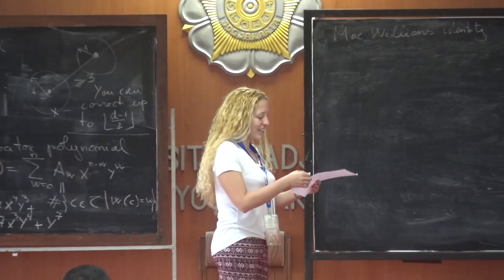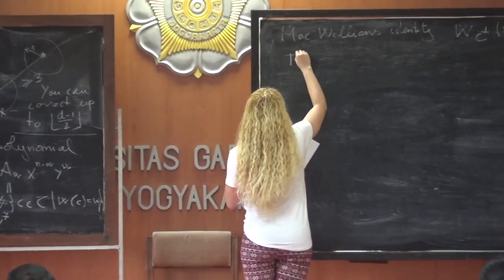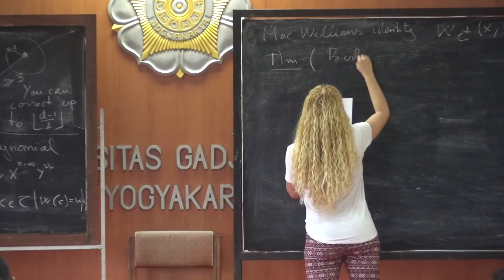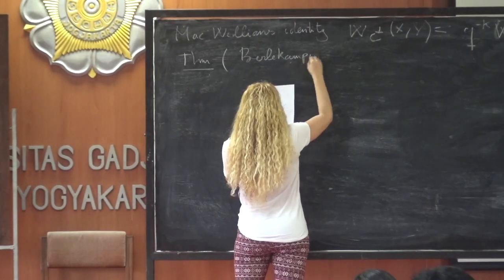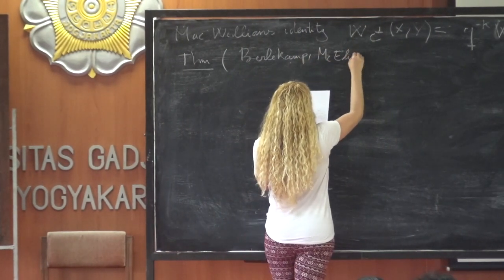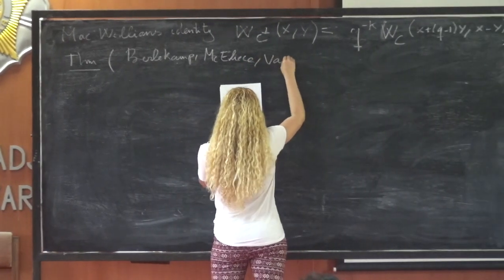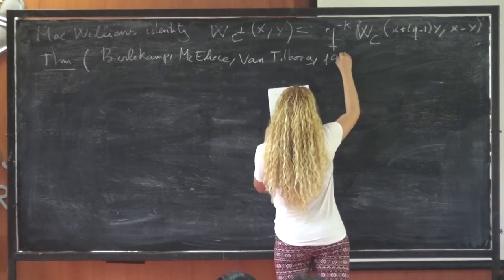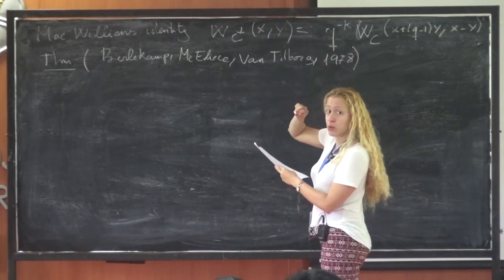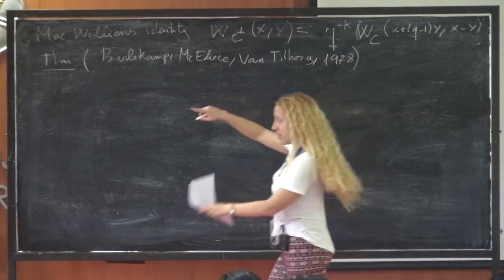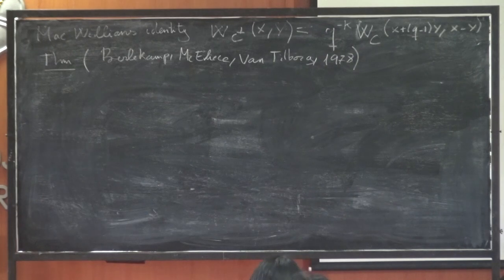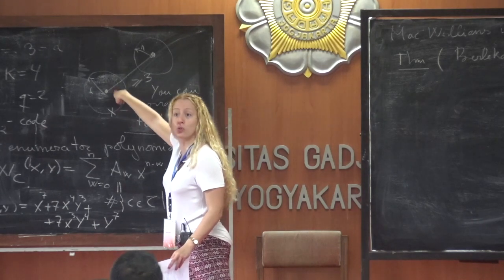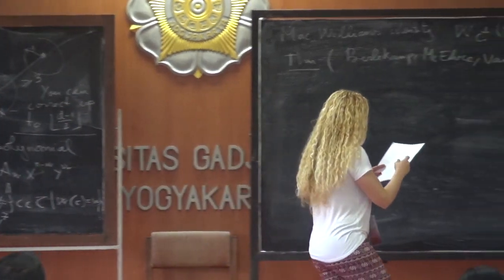So I'm just going to state the theorem by Berlekamp, McEliece, Van Tilborg, from '78, that formalizes the meaning of a difficult problem: to find the closest code word, if I give you a point.